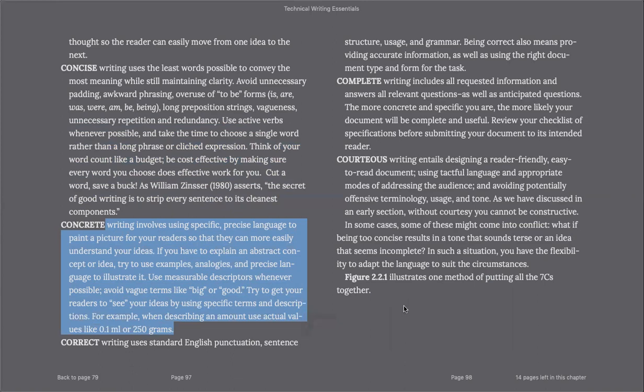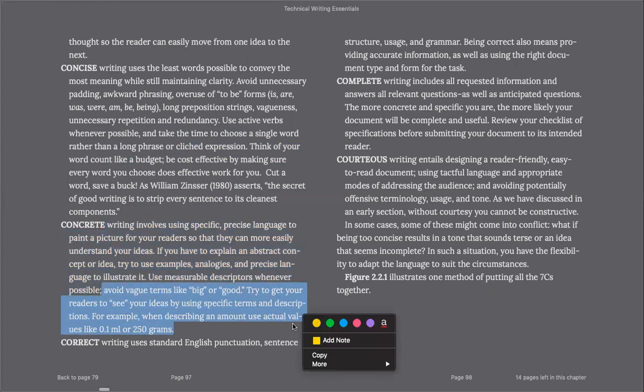You have a concrete, focused idea. All the analogies, precise language, illustrations, examples, facts, and reasons that you provide are all supporting that specific topic. It is vague if I say, for example, big or good. I need to be specific with my wording to have that concrete language.